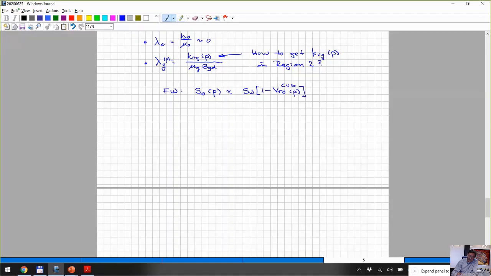What you can say about this is it's going to be an excellent, if not exact, approximation for the outer part of region 2. And it's going to be okay in the inner part of region 2.